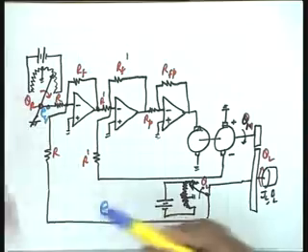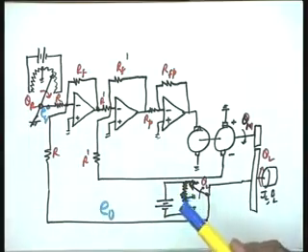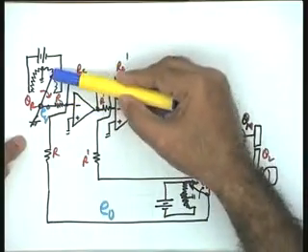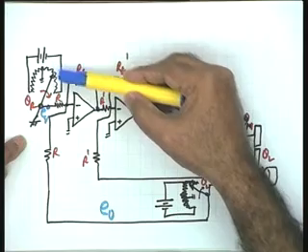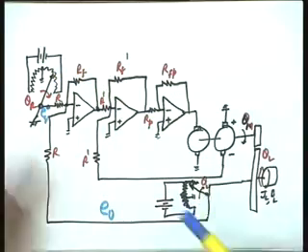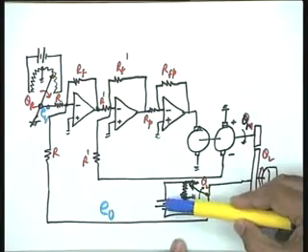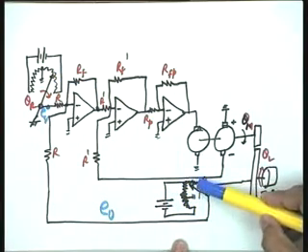One point at this stage you may please note: as far as this wiper is concerned, this is on the negative side, and for this wiper I have deliberately connected it on the positive side.